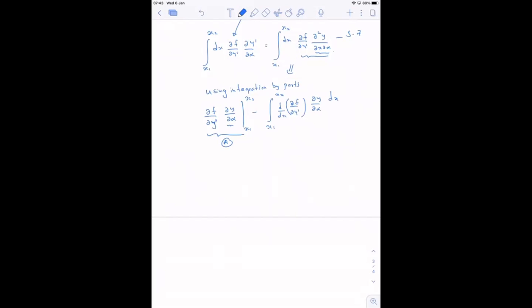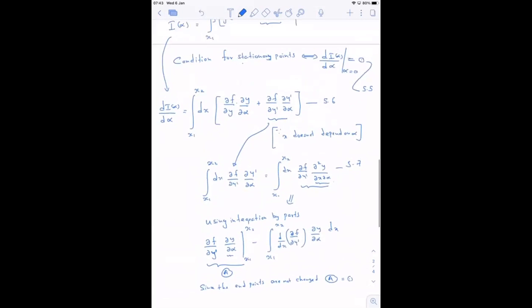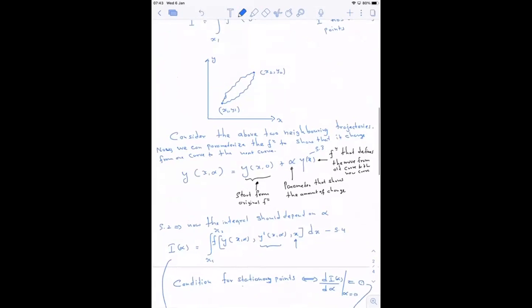So just think about that. Since the endpoints are not changed, A should be equal to 0, right? Remember that we are just going from x1 to x2. Here we are going from this point to this point right here. Those endpoints are the same for both curves, right?